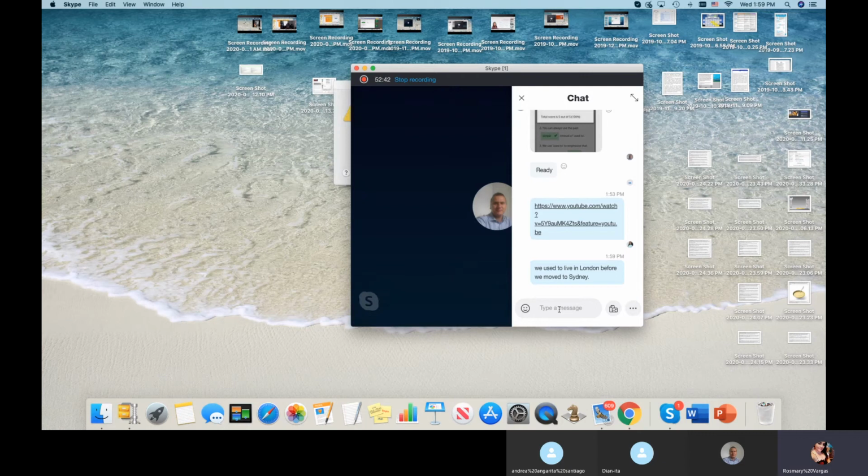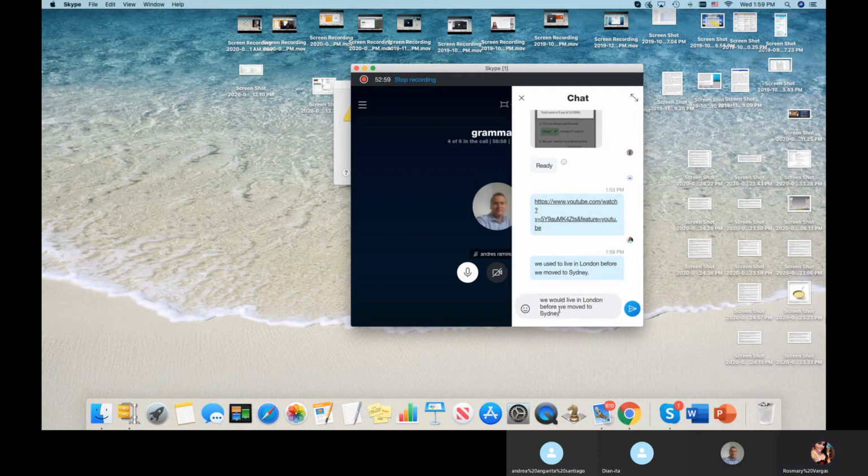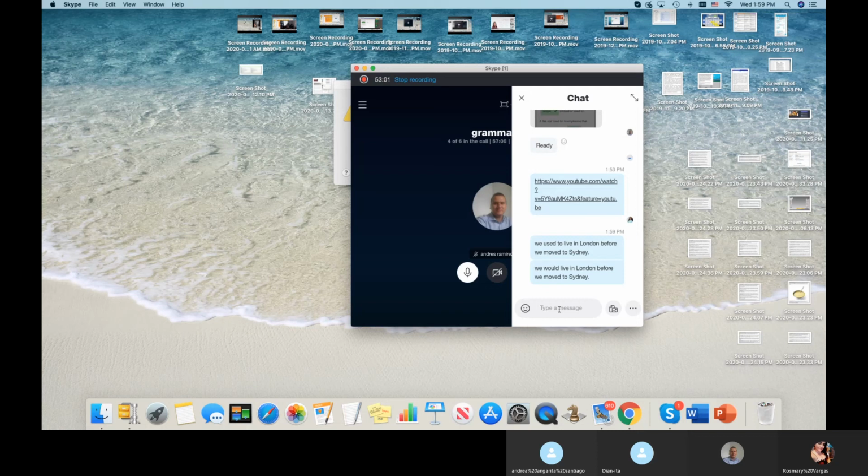So, it's wrong if we say "we would live in London before we moved to Sydney." Why? Because would cannot be used in this way with the stative verb.